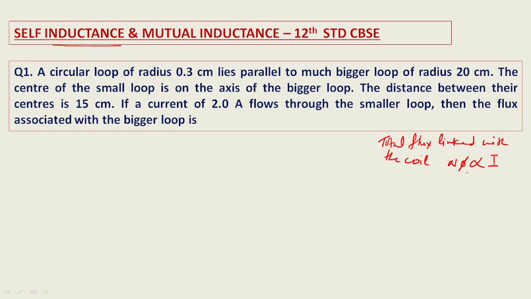The total flux linked with the coil is directly proportional to the current, which we can write as N phi is equal to Li, where L is called self-inductance. Then the induced EMF is equal to minus d phi by dt, which we can write as minus L di by dt.